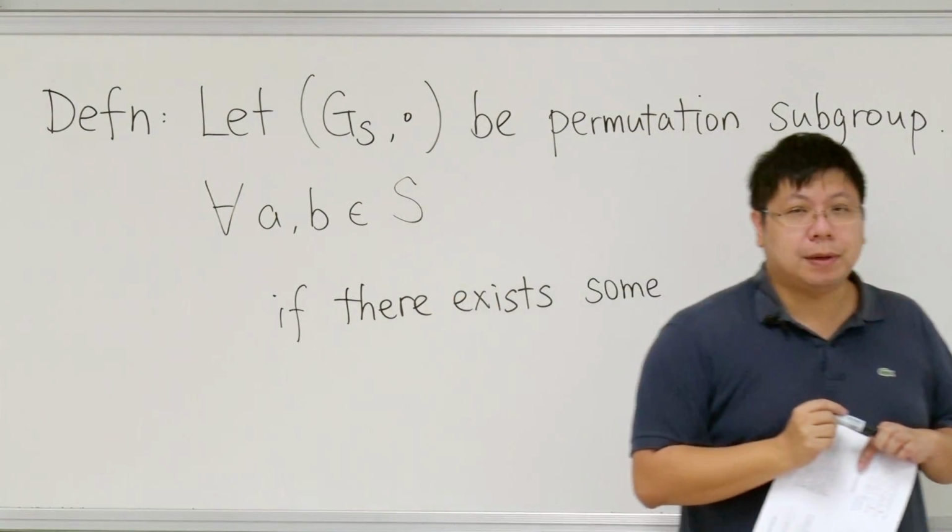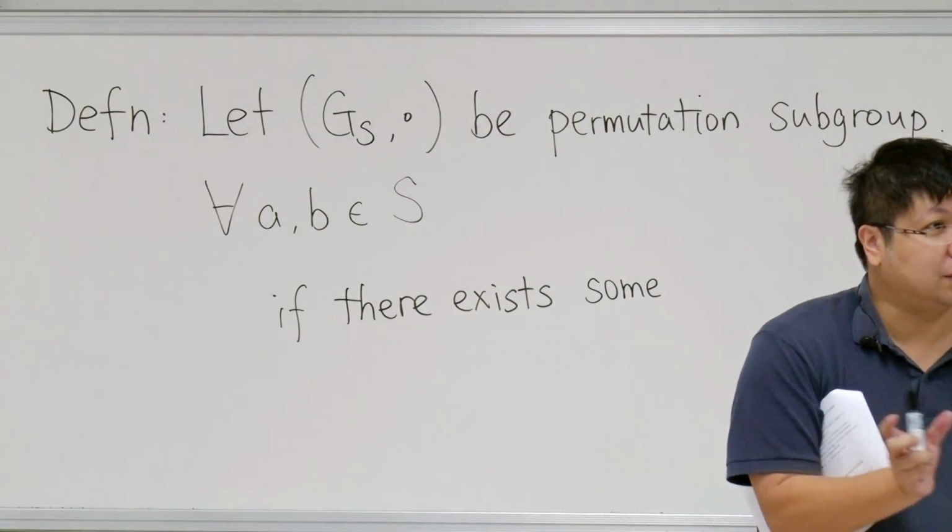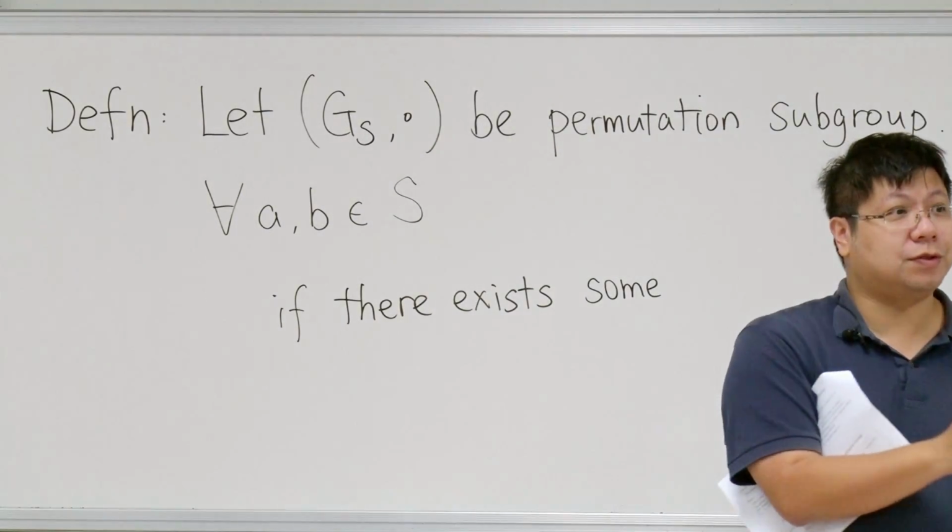If you still remember, a permutation group has elements, all of them permutations of the items of a certain set.